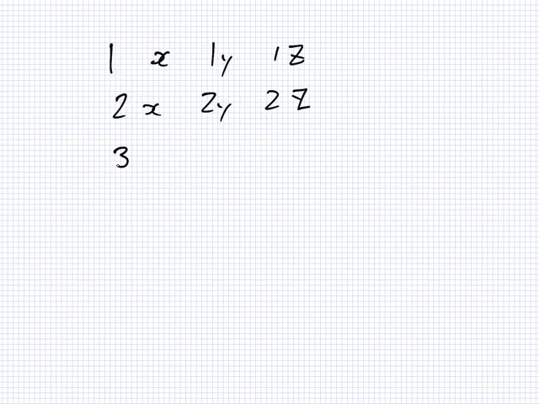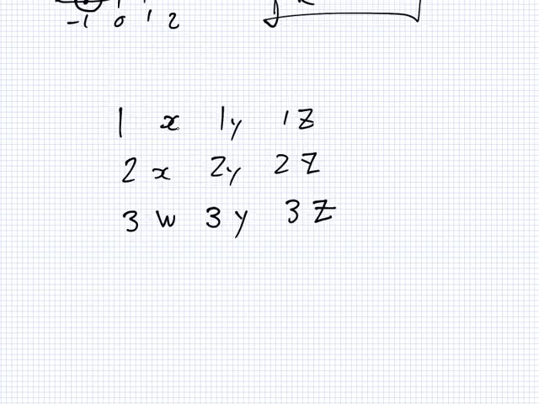1 x, 1 y and 1 z. 2 x, 2 y, 2 z. And then 3 w, 3 y, 3 z. Okay, so this is what your homework would be, and you can start it now for a few minutes.